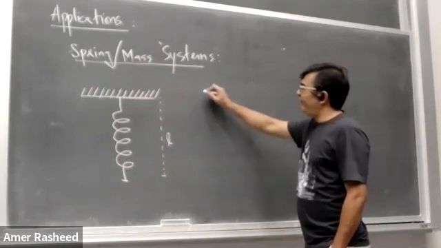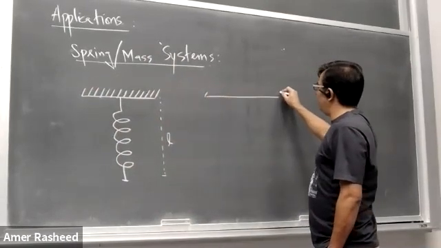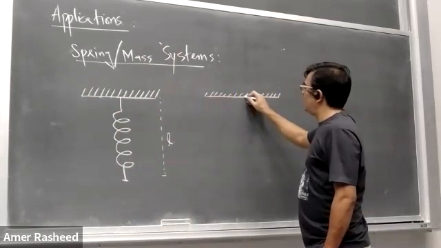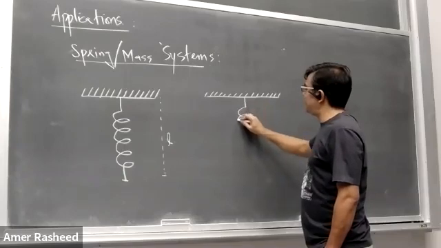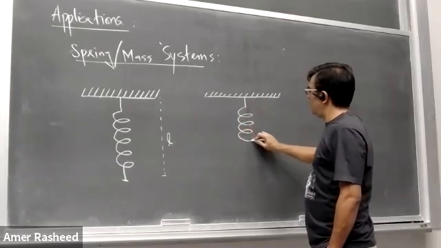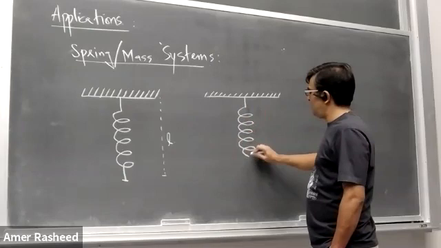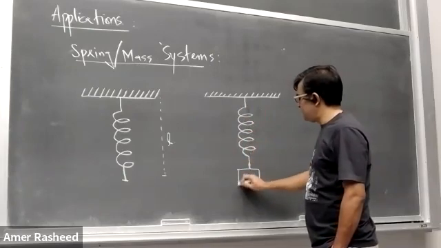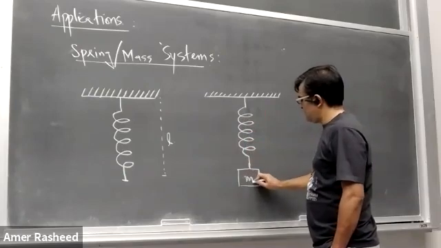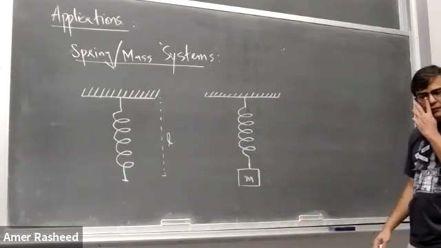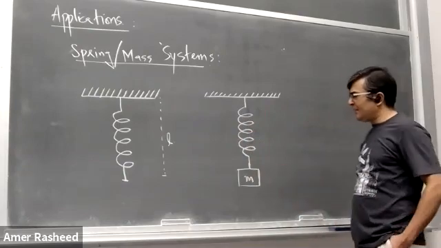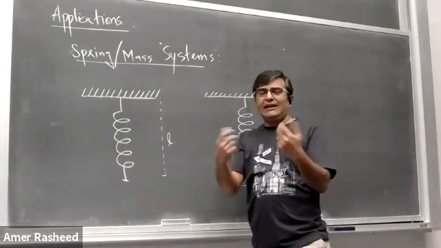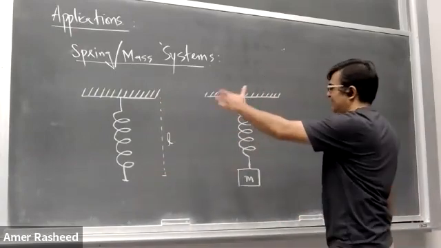Now, if with this spring we attach a mass, a body of mass m, or any object of mass m, then definitely there will be an extension or elongation of this spring.